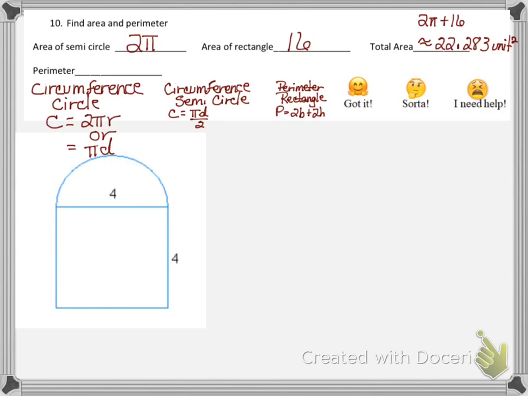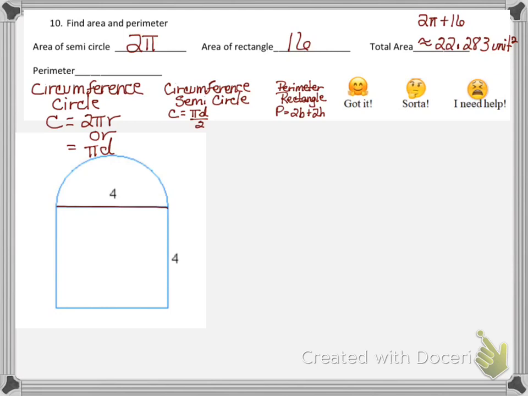To find the circumference of the circle, it's 2 pi r, or pi times diameter. Just remember that diameter is twice the radius. I'm going to use pi times diameter because that's what we're given already right here. We know that the diameter is 4.